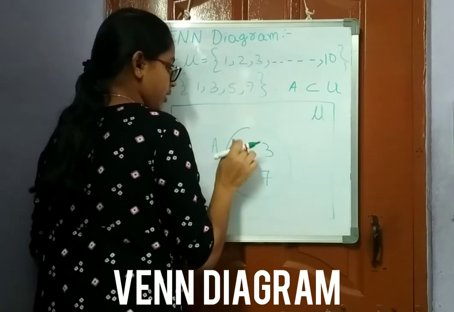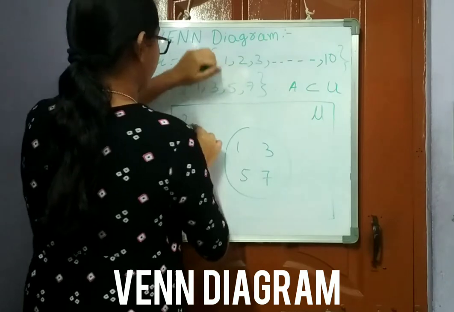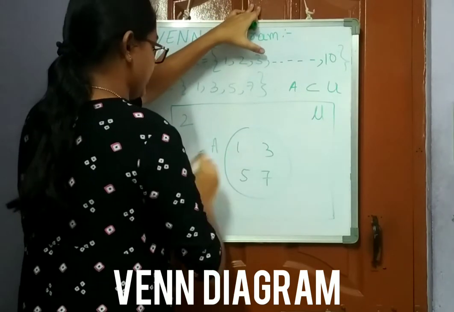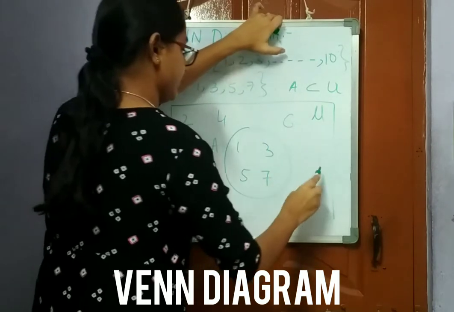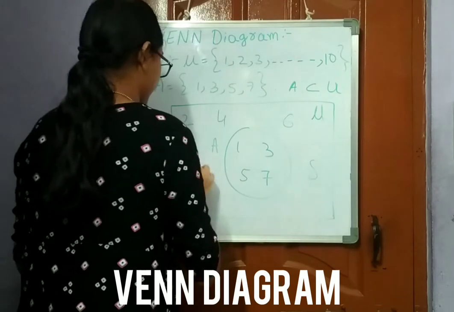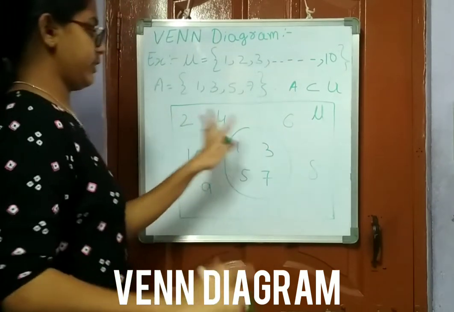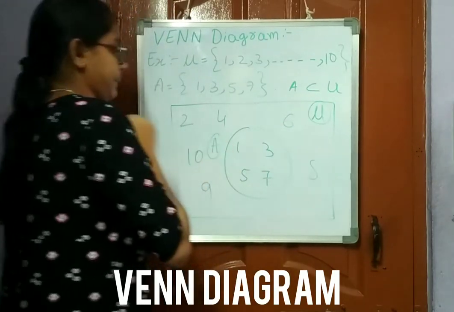That is, we have completed 1, then we are left with 2, 3 is already there, then 4, 5, 6, 7, 8, 9 and 10. Now, this will be a Venn diagram of U and A.